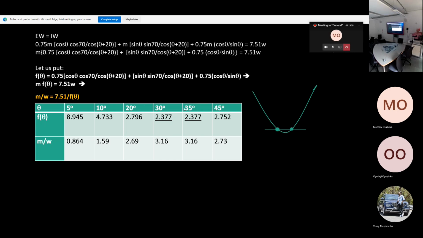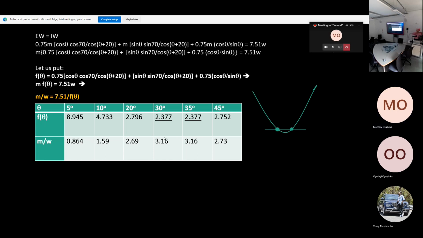For theta equals 35, it gives me exactly the same value. What does it mean? That means there is an optimum between these two. If you plot your graph, you have two values that are equal, so therefore your optimum is between these 2 points here. Anyway, I've substituted the values of f theta back into the equation, which gives me these values, all right?